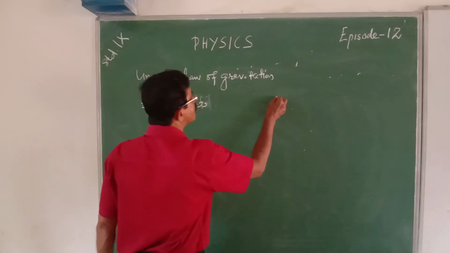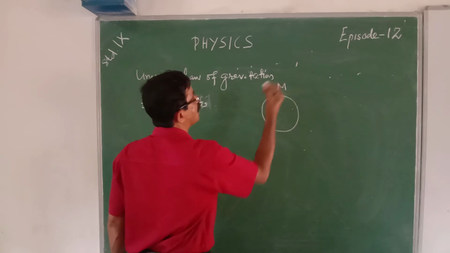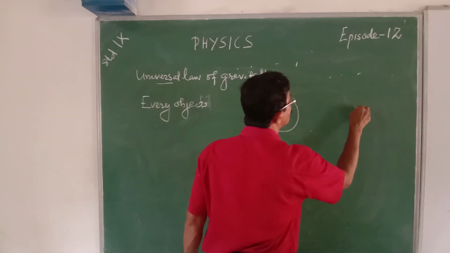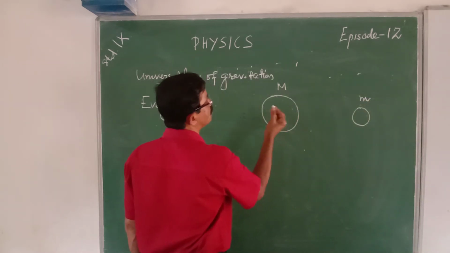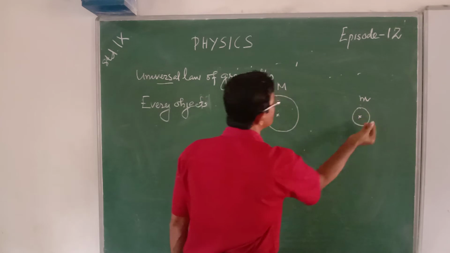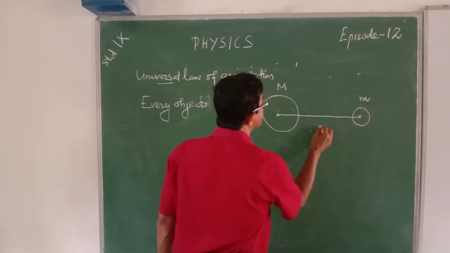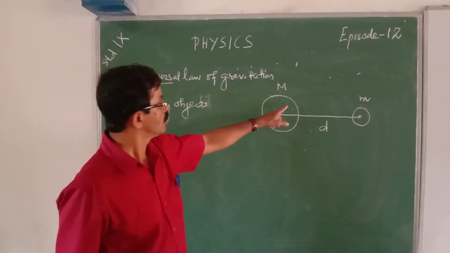Suppose we consider two objects, one with mass capital M and another with mass small m, and the distance between them is measured from the centers of the bodies, and let that distance be d.